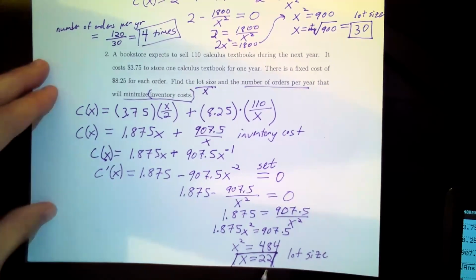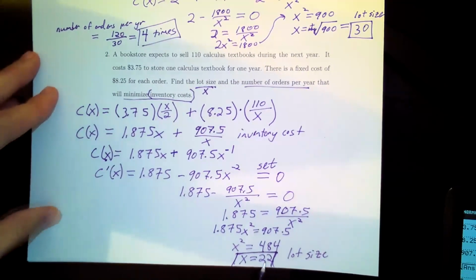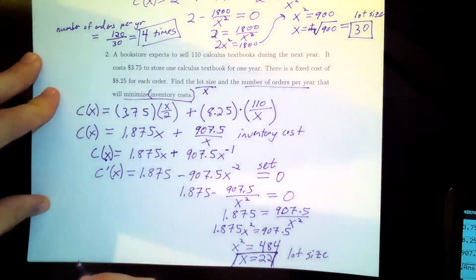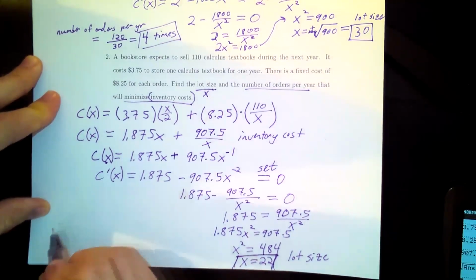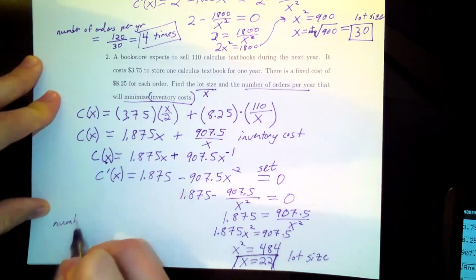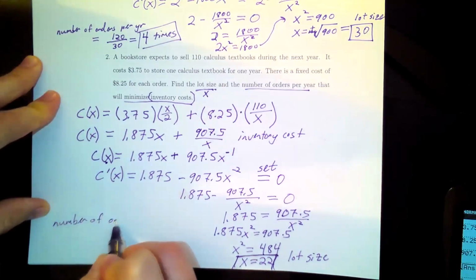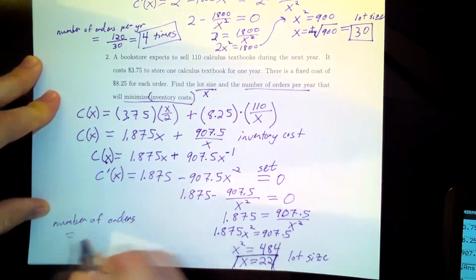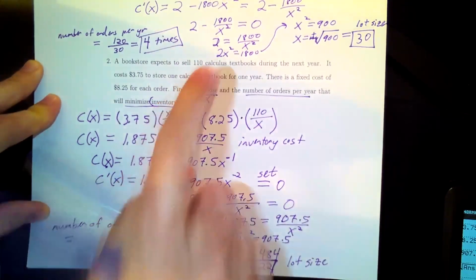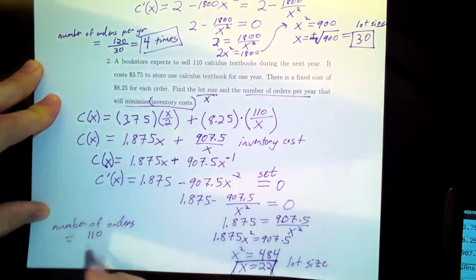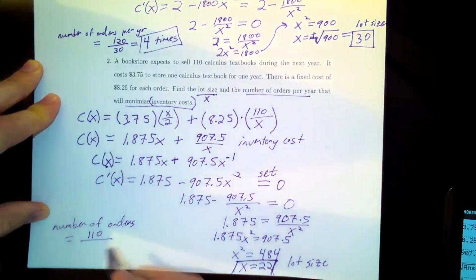So if I'm ordering 22 items per order, how many orders will that end up being? The number of orders is equal to the number of books that you're going to need throughout the year, which is 110, divided by the lot size, how many you're ordering at once.